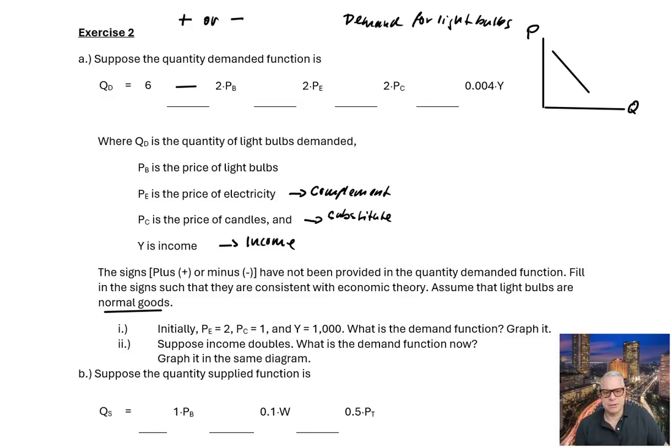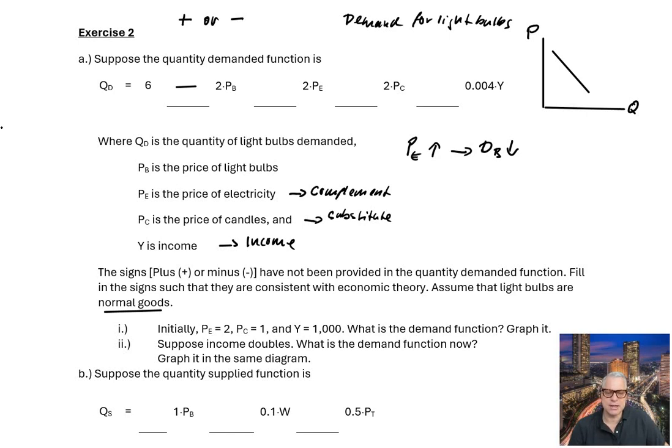Then what happens to the demand of light bulbs? Well, obviously you will demand now fewer light bulbs. So the demand for light bulbs goes down, which is technically a left shift of the demand function for light bulbs. Again, we have an inverse relationship.